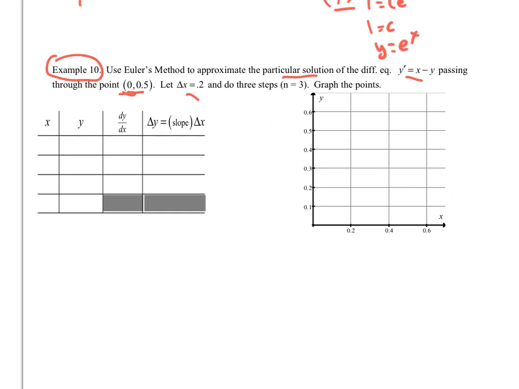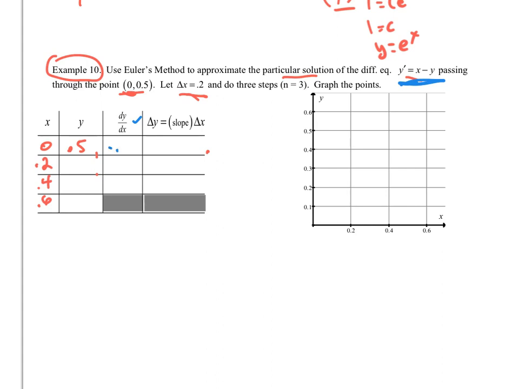So notice my x starts at 0. It won't always start at 0, but I can go like this because my delta x is 0.2 every time. My y is going to start off at 0.5. However, I don't know what my change is until I figure out this value right here each time. So let's find out what dy dx is. Remember, dy dx is x minus y.